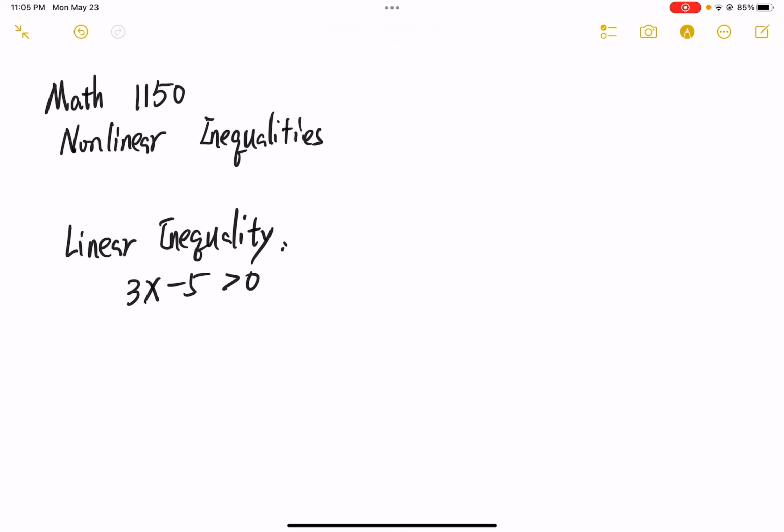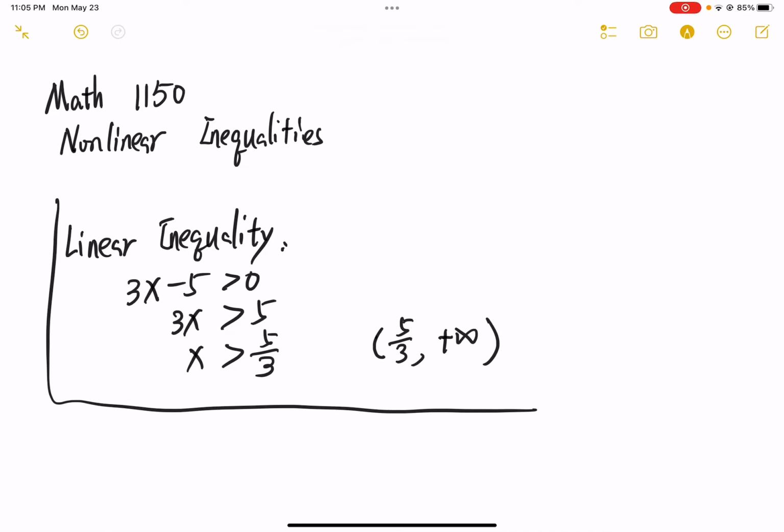So we add 5 on both sides, then divide by 3, then you will have x is greater than 5 over 3, and the interval notation is 5 over 3 to positive infinity. So this is the linear inequality we already know.